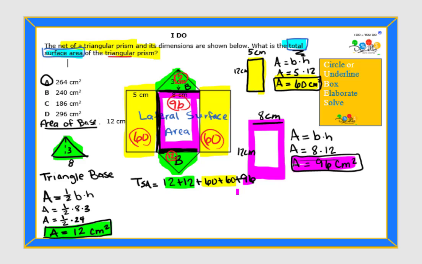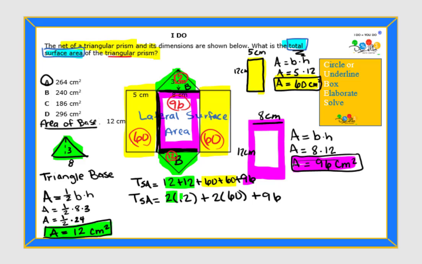There's another way we could write this. I want us to be aware of different ways we could write these equations or expressions, because it's good to know that if we see it one way or another, we recognize it. So this is 12 times 2, so 2 times 12 plus 2 times 60 plus 96.